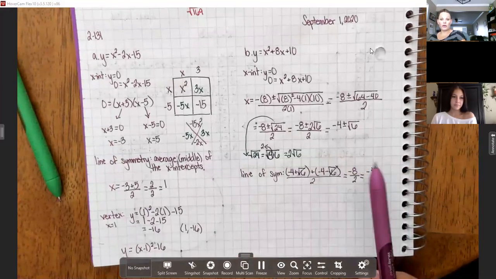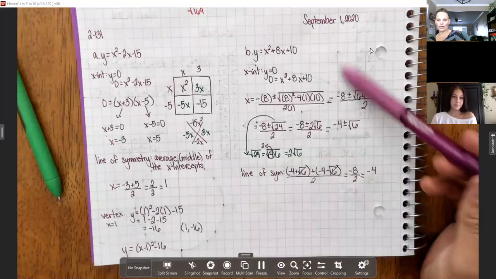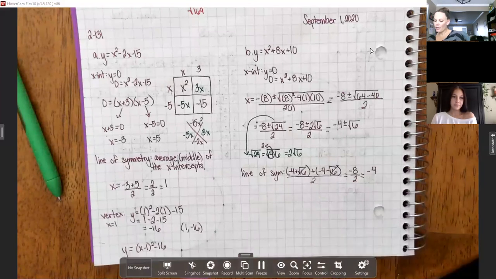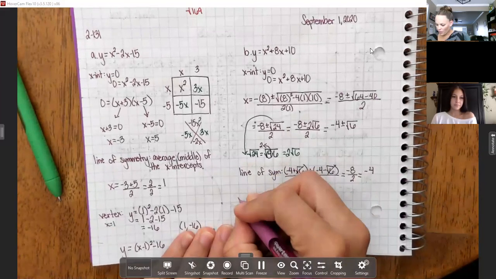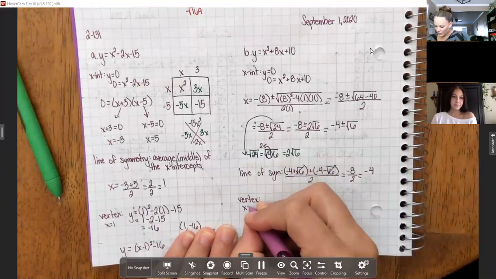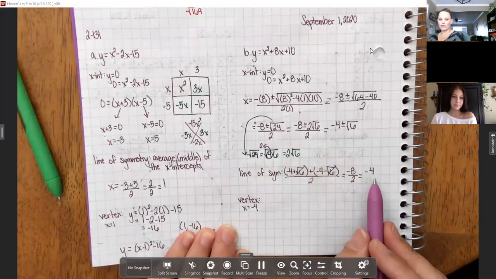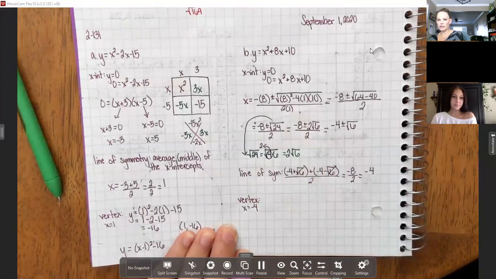So that's why I wanted to do another one of these, just so we can see that it doesn't always work out as nicely. And we can still find the vertex by plugging in -4. This part works out nicely for us now. So we have x equals -4 because that was our line of symmetry, in the middle of the two x-intercepts.